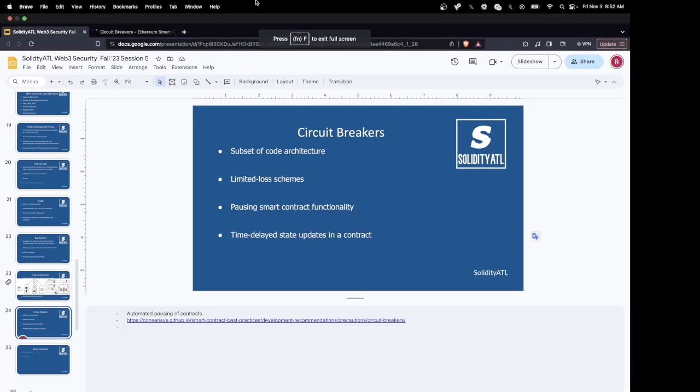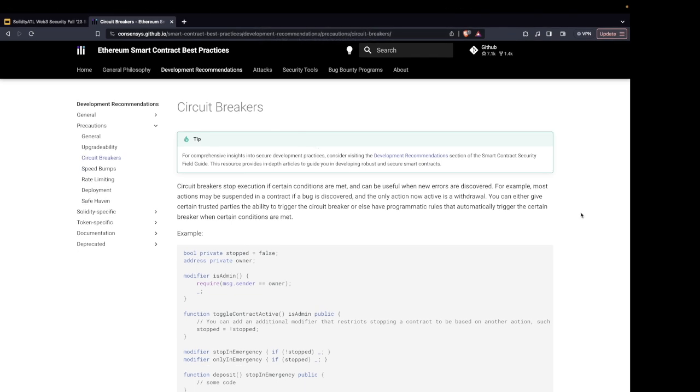I don't want to spend too much time on circuit breakers because it is a somewhat advanced concept. Consensus, I think, has a really good breakdown if you're interested in learning more about what a circuit breaker is and how protocols use them to defend themselves.